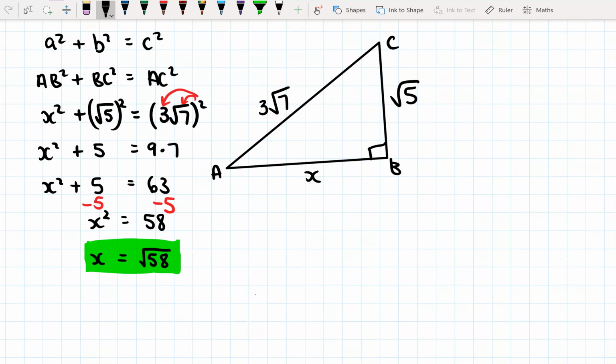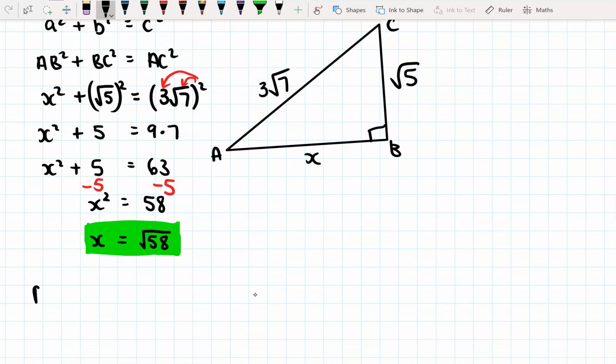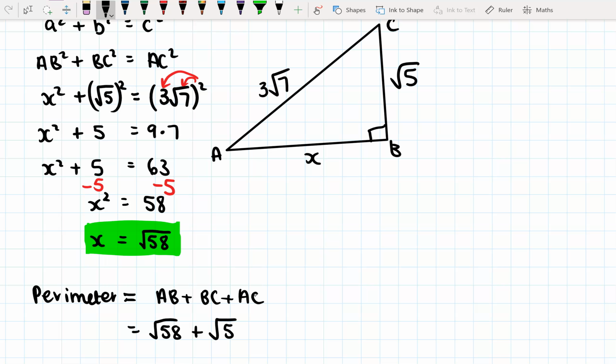If I said to you, I wanted to know what the perimeter of this triangle is, the perimeter is equal to all the sides added together. So it's AB plus BC plus AC. In this case we have AB, which was the square root of 58, and we can't simplify that one, plus BC, which is the square root of 5, plus AC, which is 3 times the square root of 7.